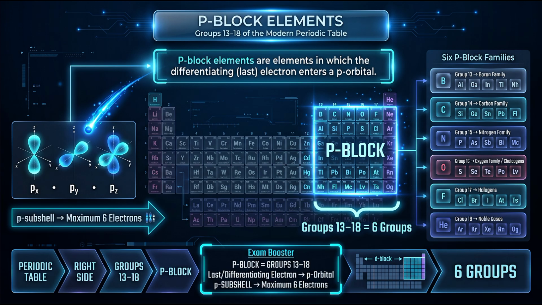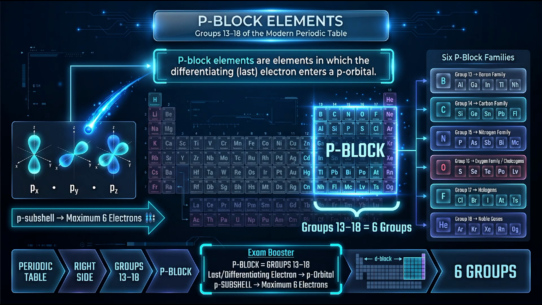The general valence shell configuration of the p-block is ns2 np1 to np6. Group 13 is the boron family, Group 14 is the carbon family, Group 15 is the nitrogen family, Group 16 is the oxygen or chalcogen family, Group 17 is the halogen family, and Group 18 is the noble gas family.